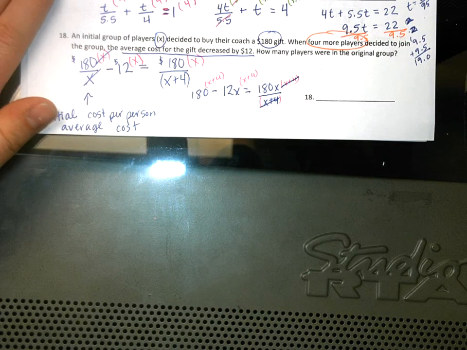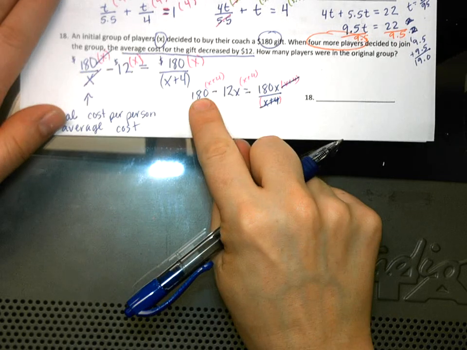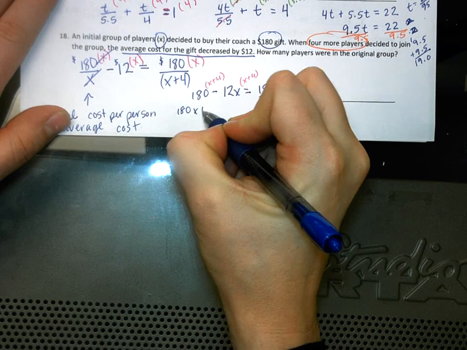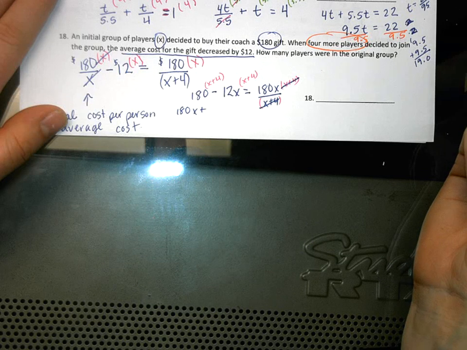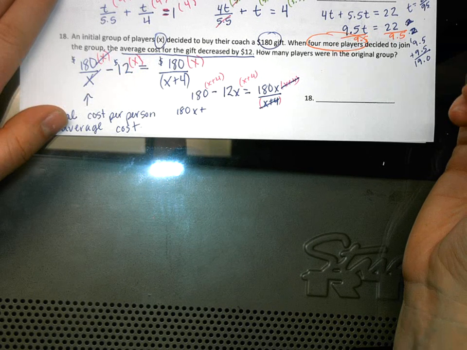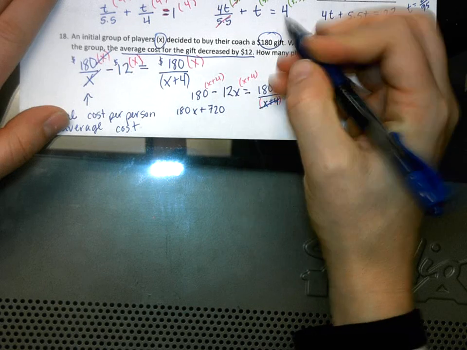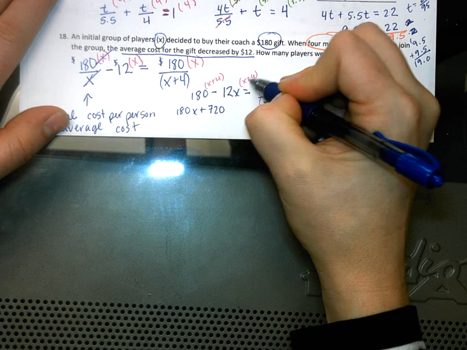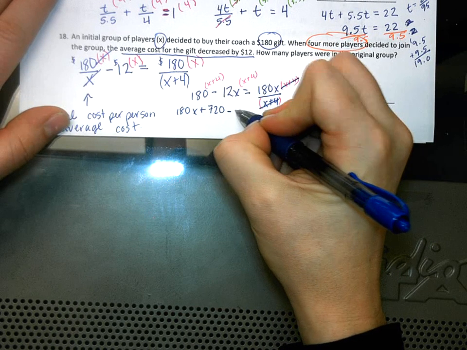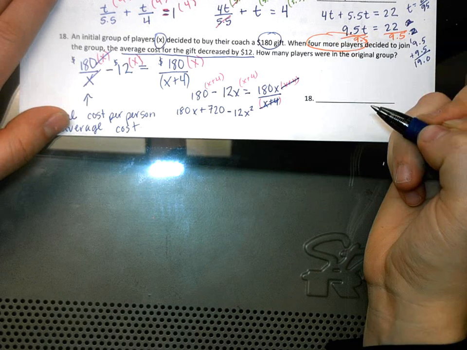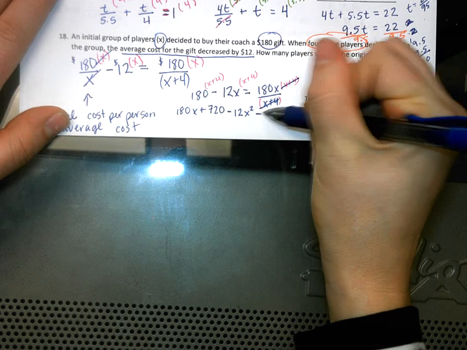Okay, what is 180 times x plus 4? 720. And negative 12x times x plus 4? Good.